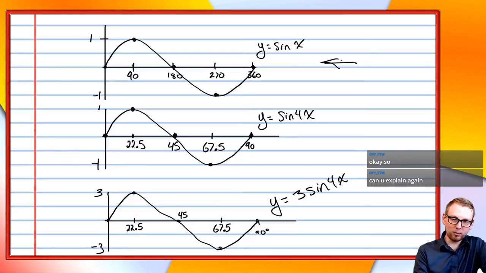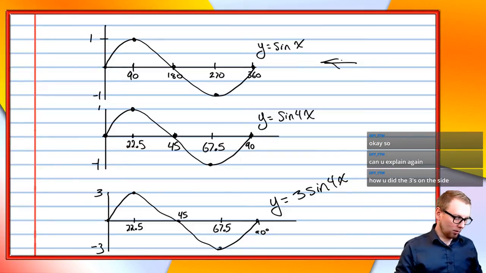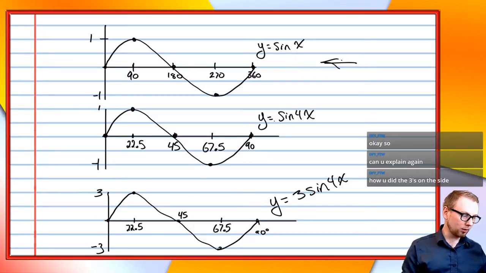So which piece do you want me to explain? The 3's on the side. Okay. Remember that this line, from 1 to -1, is the output of sine of 4x.